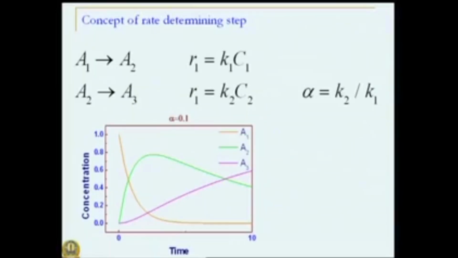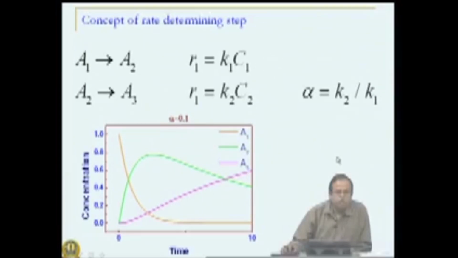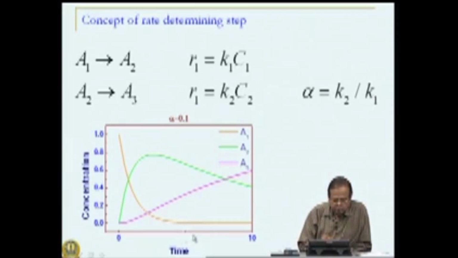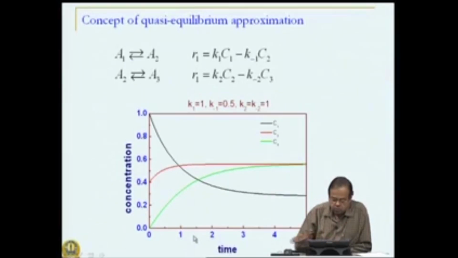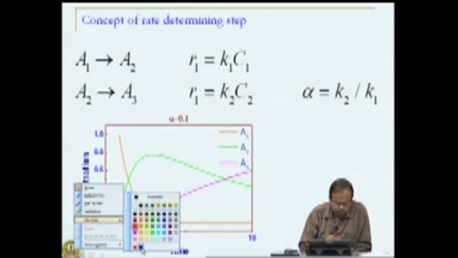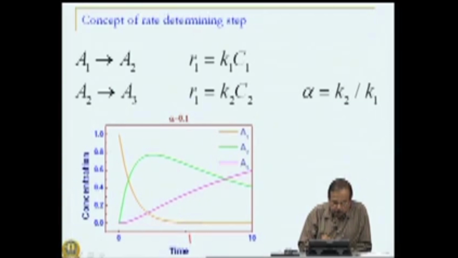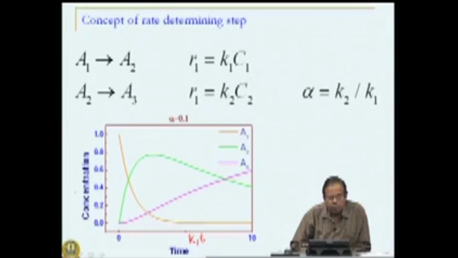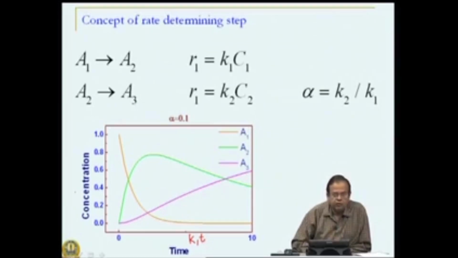Let us go back to our reaction kinetics and see how this applies to our reaction kinetics, and we will see this with an example. So, let us go back to this A1 going to A2, A2 going to A3. We are looking at the batch reactor and the same dimensionless time, K1T, and concentrations of A1, A2 and A3, but this time I am going to look at this system in a slightly different way.